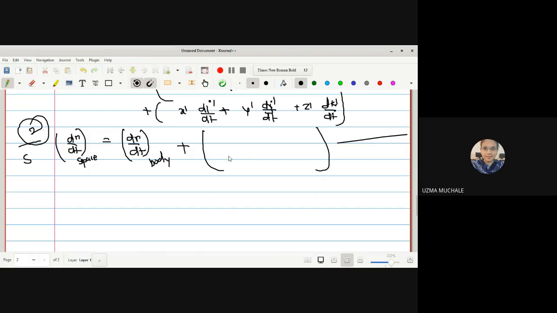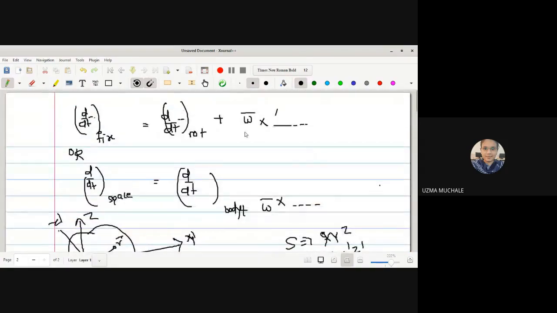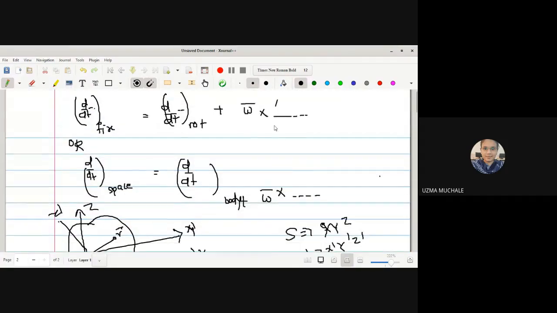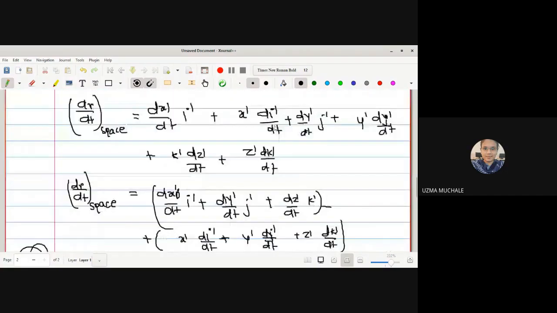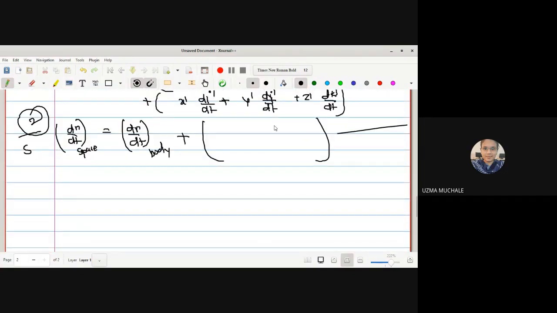Now we have to simplify in such a way that we obtain this term as omega cross something, that is angular velocity. Let me name this equation number 5, and we have to evaluate equation 5.